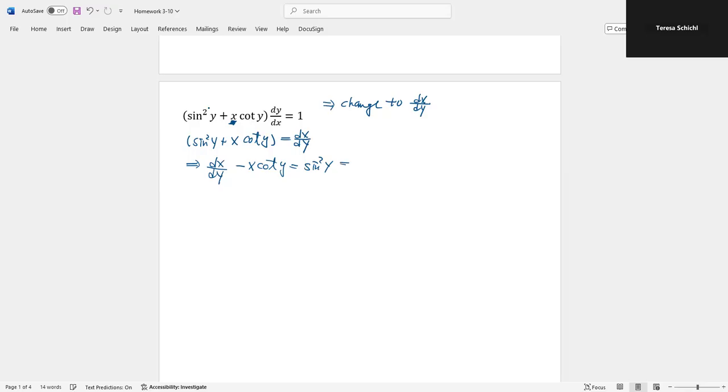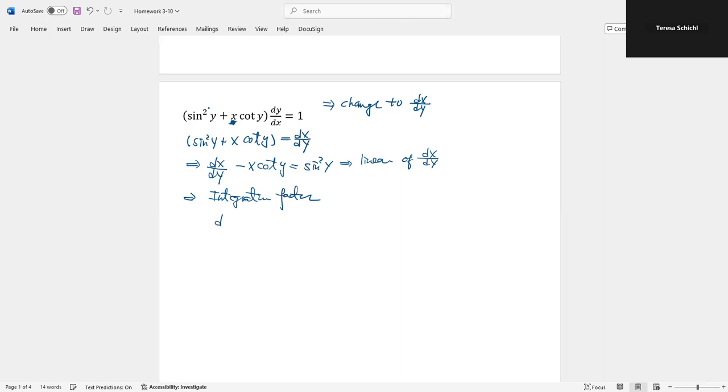So this is the first order linear form of dx/dy. We know if it's a linear form of dx/dy, it's easy, we can try to find the integrating factor.